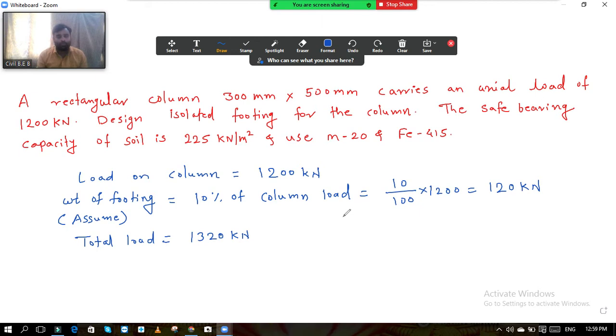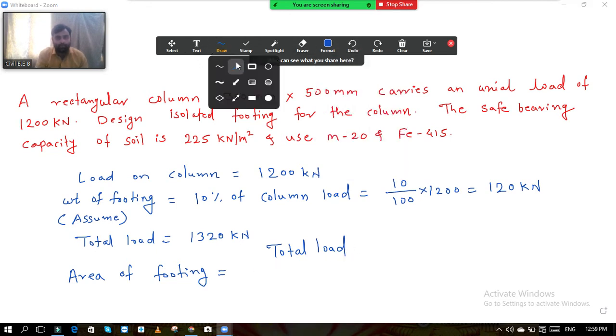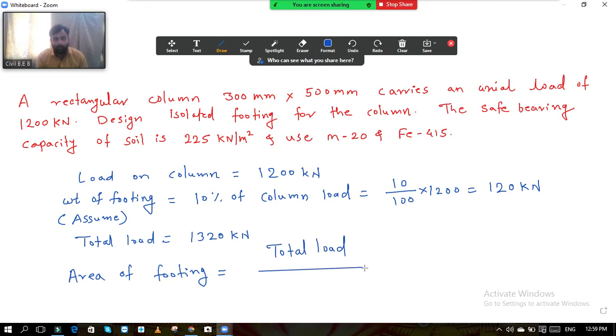So now we will calculate area of footing. What is the formula to calculate the area of footing? It is total load divided by safe bearing capacity of soil, that is SBC.